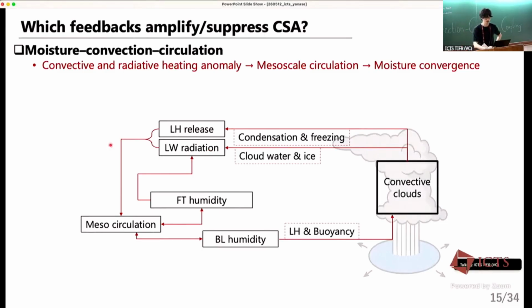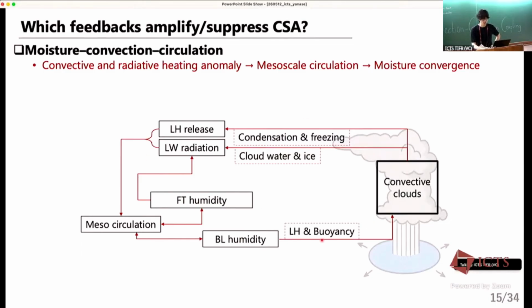So it produces mesoscale circulation, mesoscale ascent, and moisture convergence in the boundary layer and free troposphere. Also, if we have moist anomalies in the free troposphere, it produces a longwave feedback anomaly. So it forms some positive feedback.